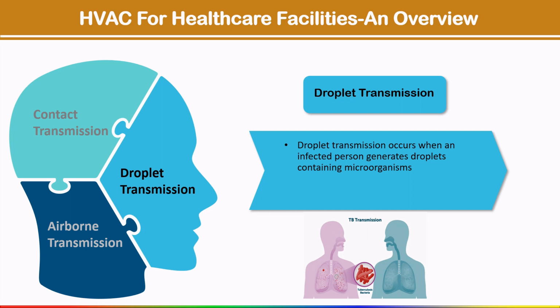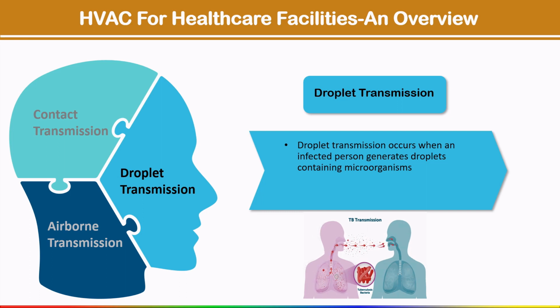You can see in this image how one person can generate droplets containing microorganisms. In simple language, droplet transmission occurs when an infected person generates droplets containing microorganisms which are propelled a short distance through the air and deposited on the conjunctiva, nasal mucosa or mouth of a host.